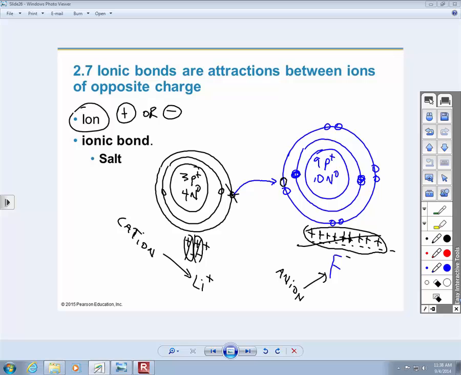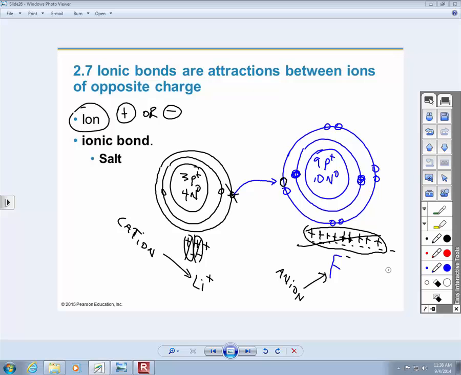You had 3 positives and 3 negatives on the lithium. You lost one of the negatives, an electron. So you have 3 positive protons and only 2 electrons, which leaves you with an extra positive charge. So the lithium is positive, the fluorine is negative.